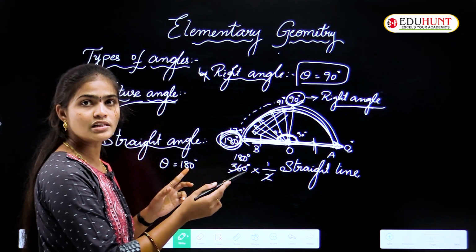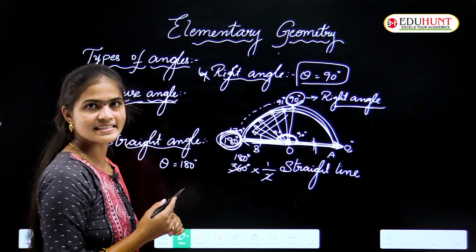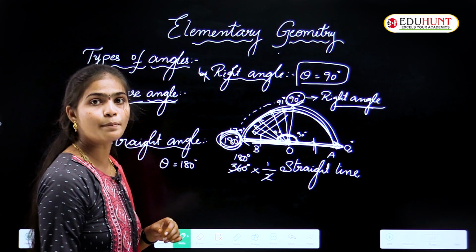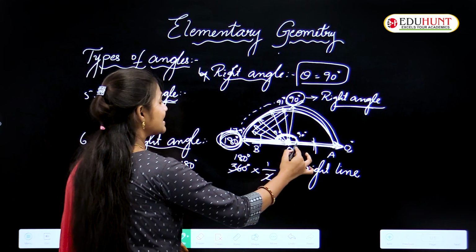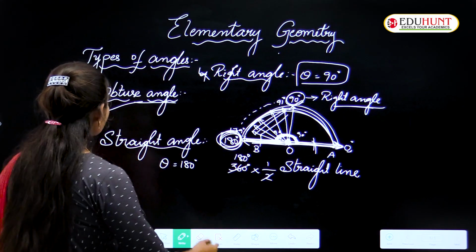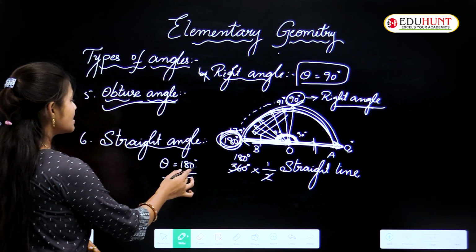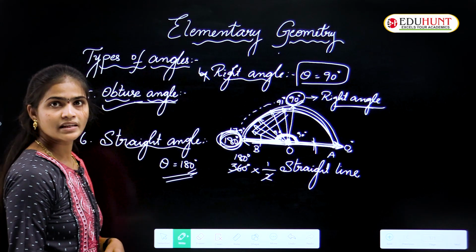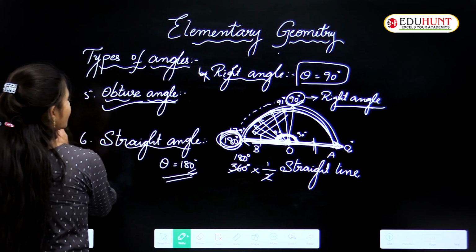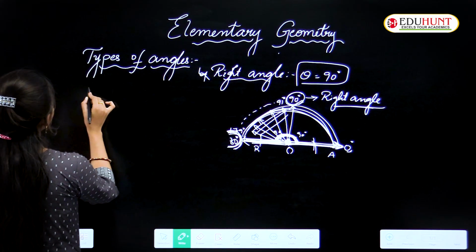Those two also become opposite rays at 180 degrees. So here theta measures 180 degrees. So a straight angle measures 180 degrees. Clear?